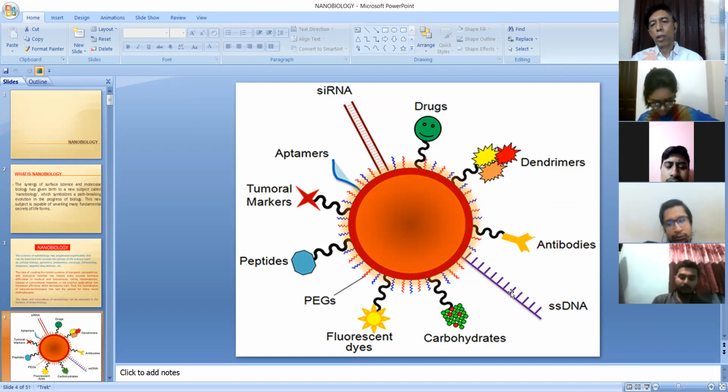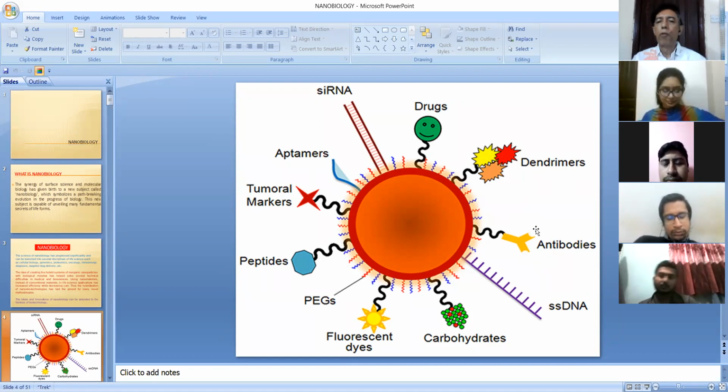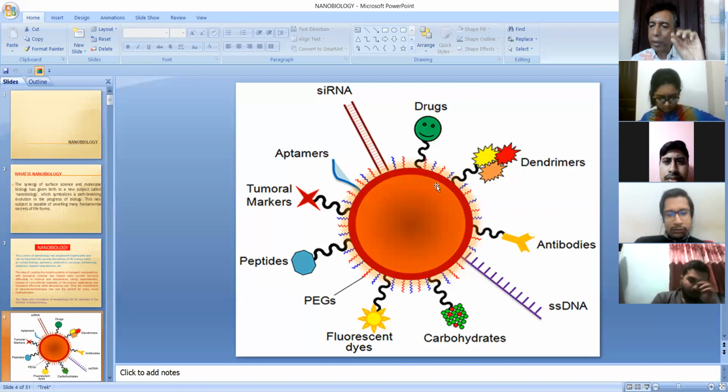If you want to connect with DNA, you can connect the gold nanoparticle with DNA, and you will have an application of gold nanoparticle with DNA. You can connect antibodies with gold nanoparticle, and you have that application of gold nanoparticles with the antibodies. So the main thing in nanobiology is that you take a nanomaterial, a nanoparticle, and connect it with a biological molecule.